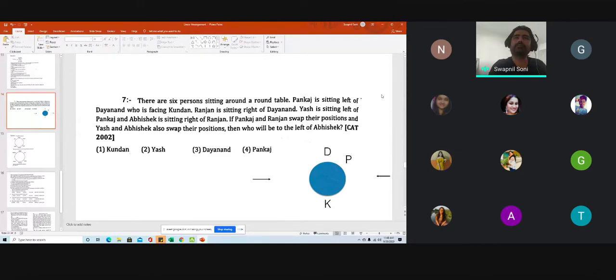Ranjan is sitting to the right of Dayanand, so Ranjan somewhere on the right hand side. Yash is sitting left of Pankaj.